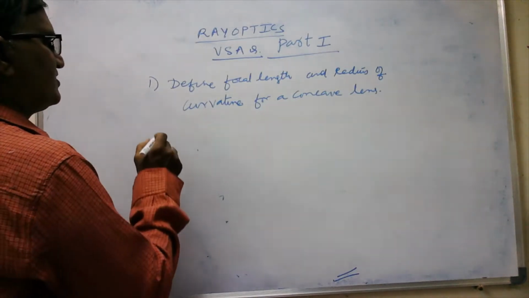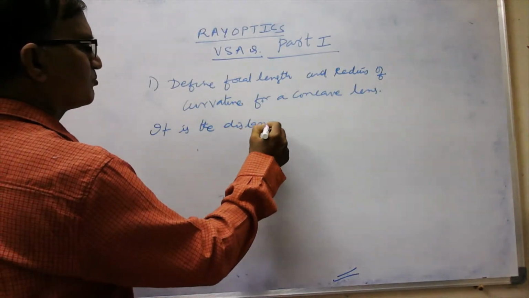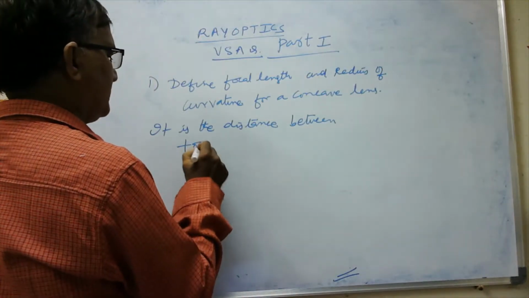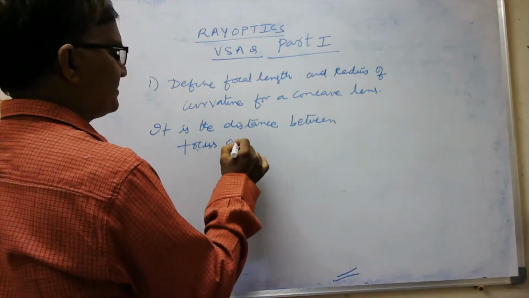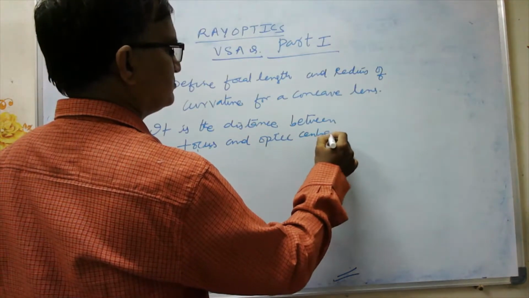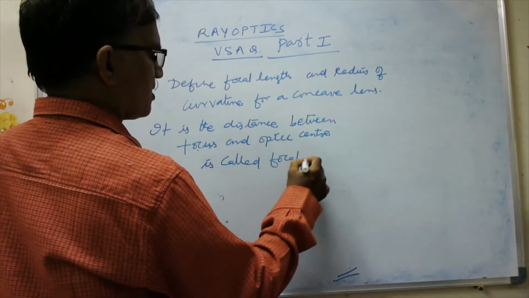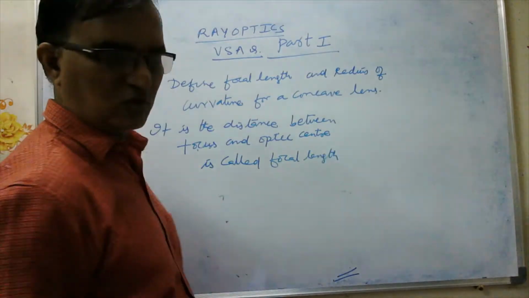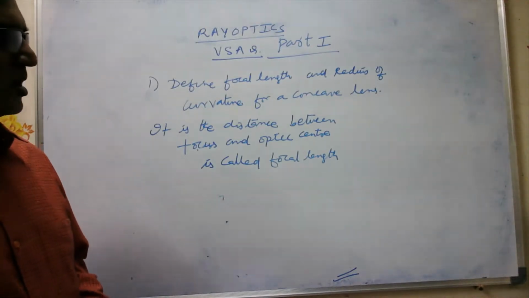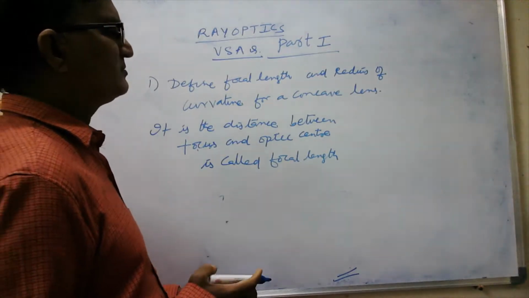It is the distance between the focus and optic center that is called focal length. The distance between the optic center and focus is called as focal length. Okay, concave lens.